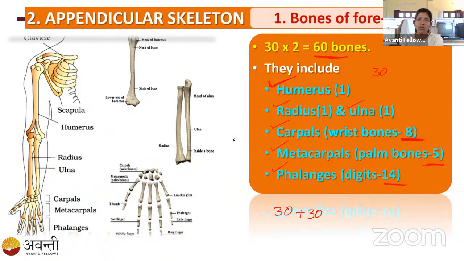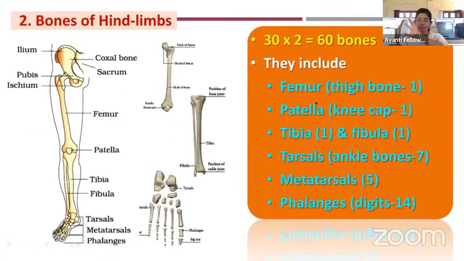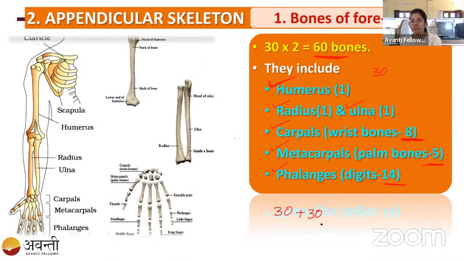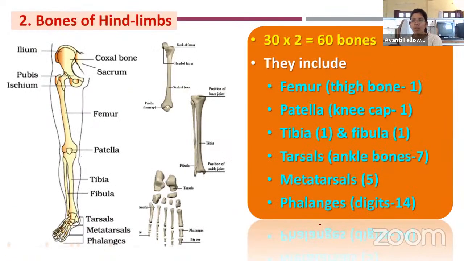Now let me go to the legs, or the hind limb. They also have the same arrangement, with a little difference, because we don't have an elbow cap here, but we have a knee cap.